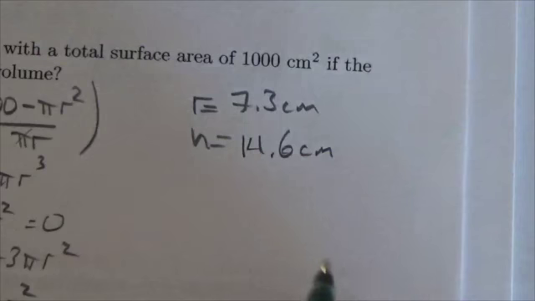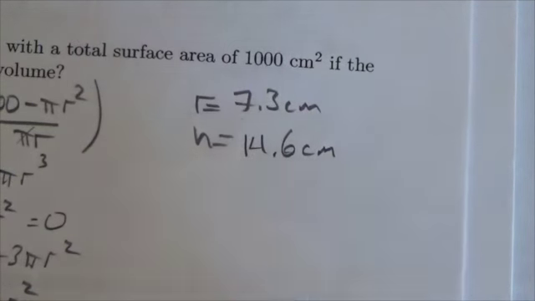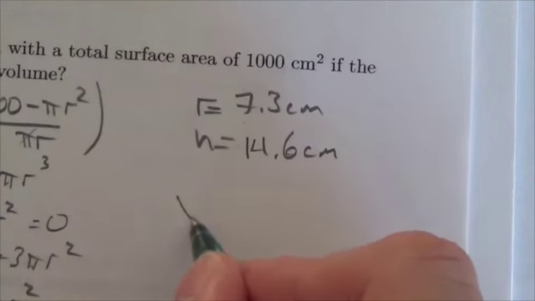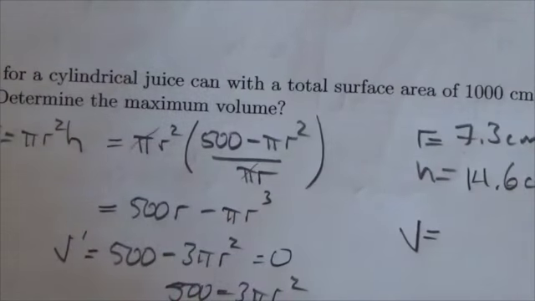Now, because the question was also asking me to determine the maximum volume, I'm going to go right over here to figure out my volume. I already know what my radius is, so I'm just going to plug that in, and I will get 500 times my radius minus pi times my radius cubed.